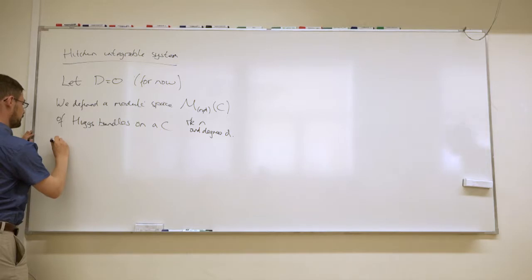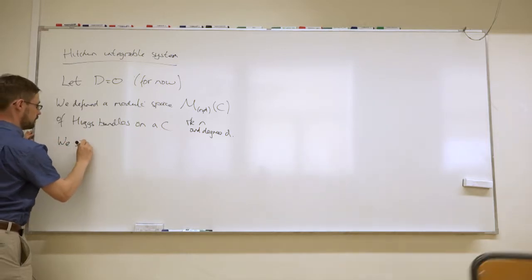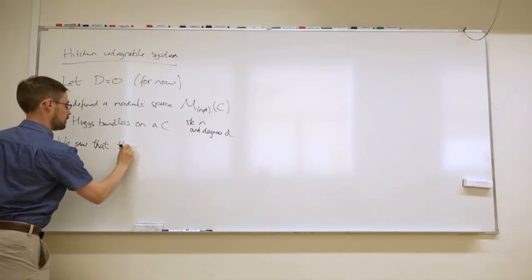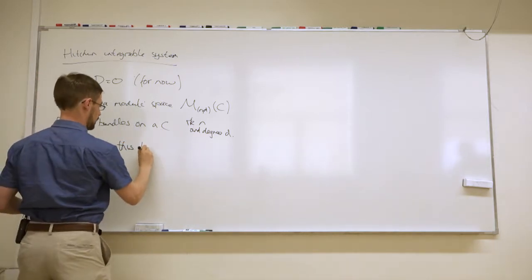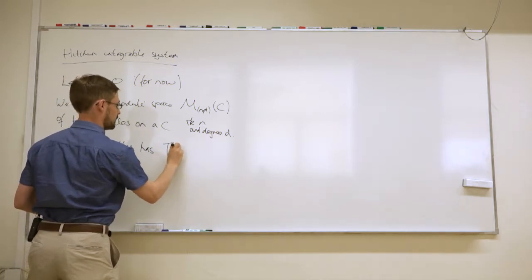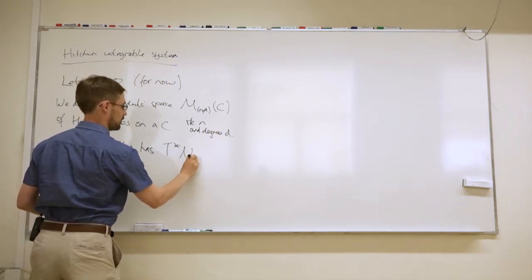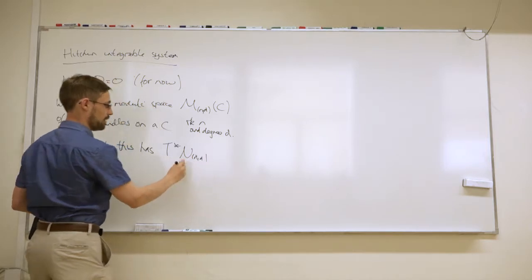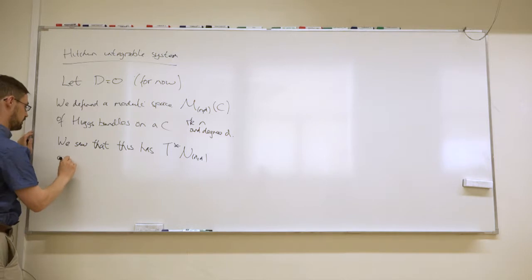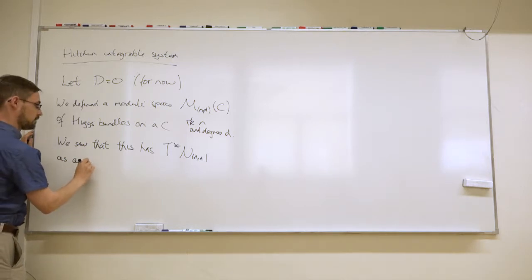But we saw that this has the cotangent bundle to the moduli space of stable vector bundles of the same rank and degree as an open subset.